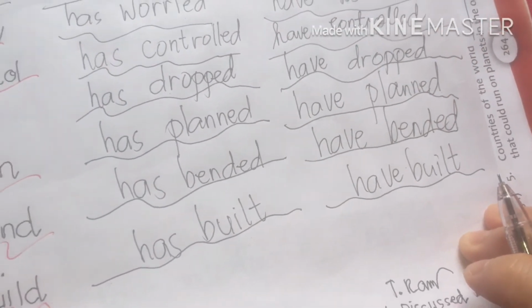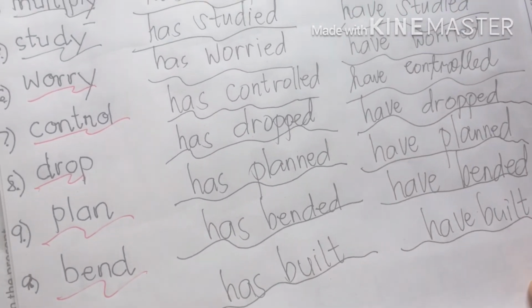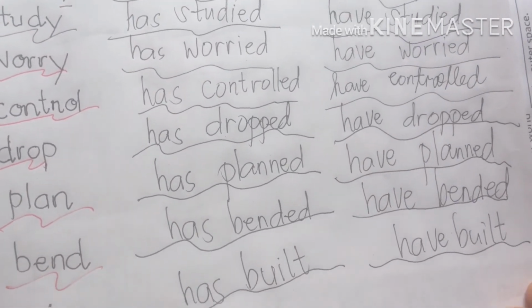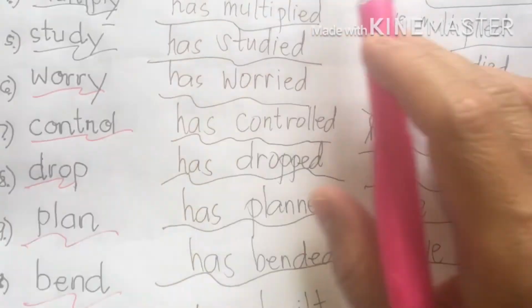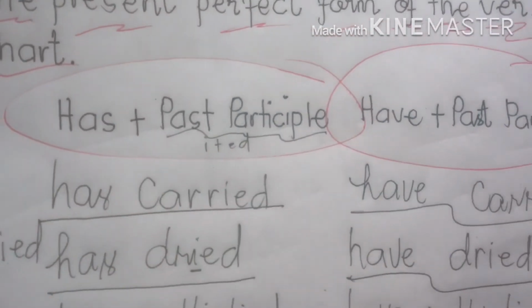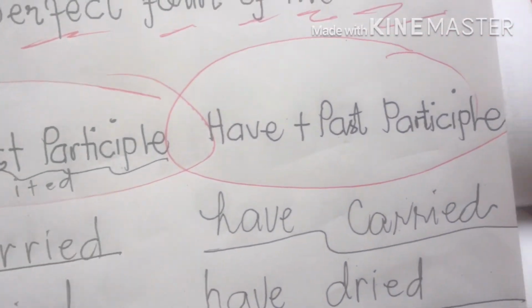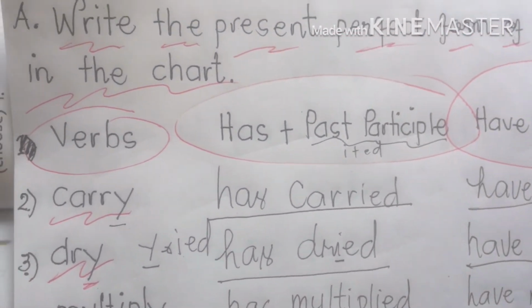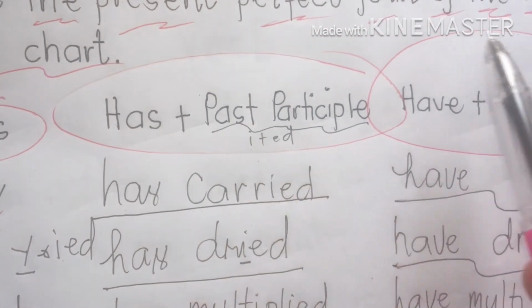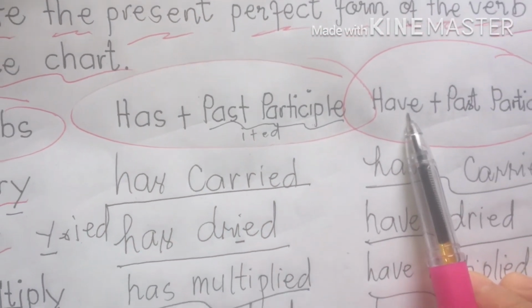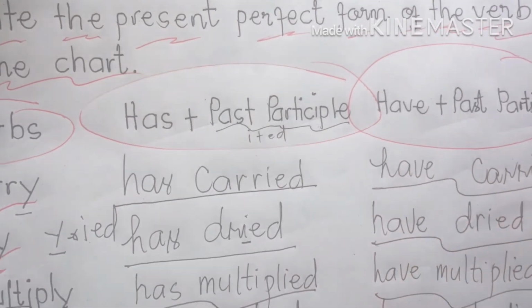Okay. Hope, my dear students, you can follow my discussion about using has and have plus past participle of the verb. Again, my dear students, when do we use has and have? We use has if our subject is singular. We use have if our subject or doer of the action is plural.